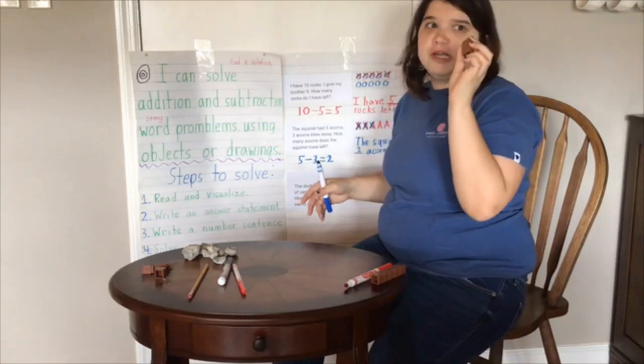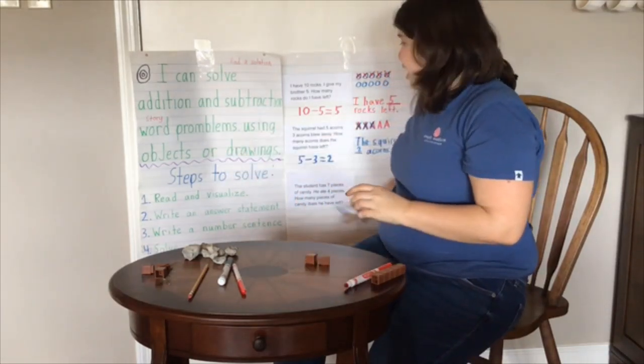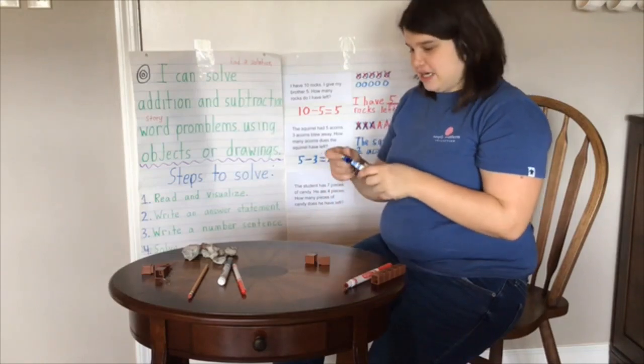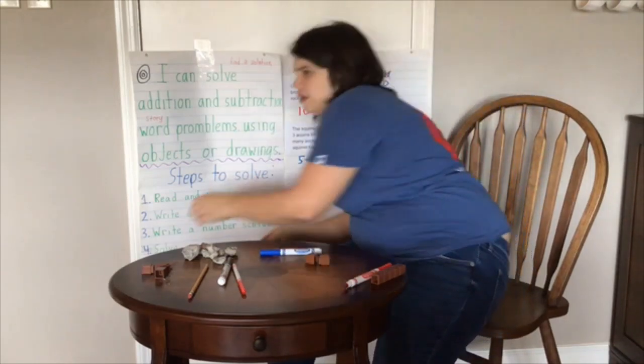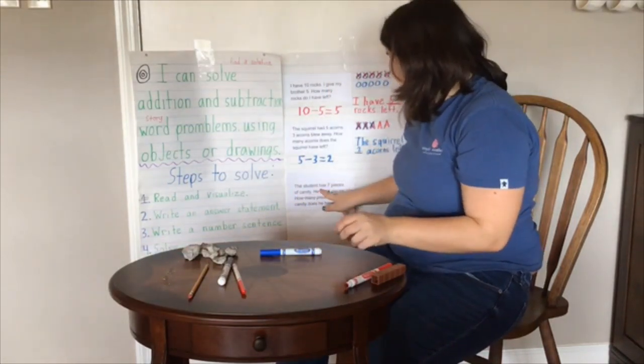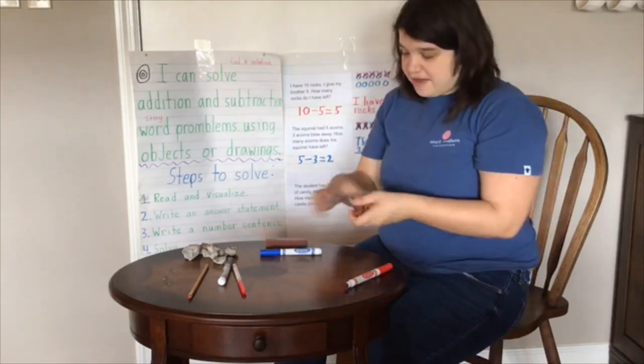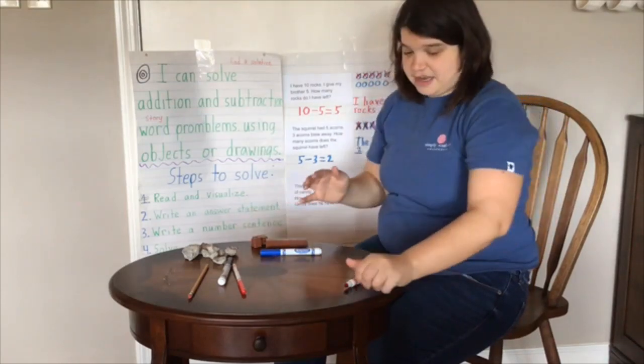And remember, we're using objects or drawings to help us solve the equation. Next equation, the student has 7 pieces of candy. So 5, 6, 7.